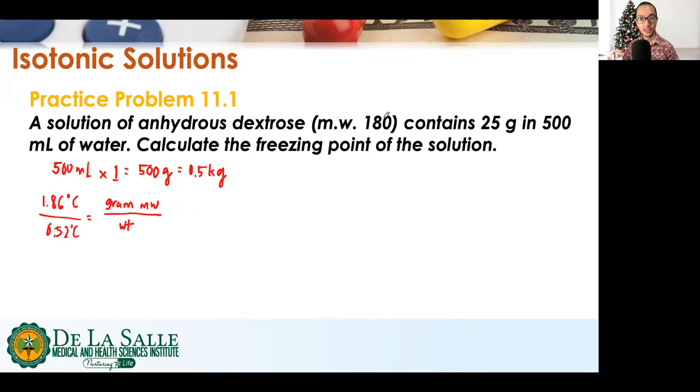Now we know that the molecular weight is 180 grams per mole, so its gram molecular weight is 180 grams. The quantity of the solute that will be present in 1 kilogram of the solvent will therefore be twice of this amount, so it will be 50 grams.